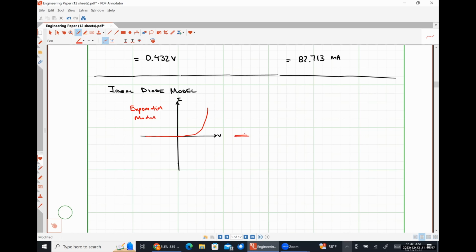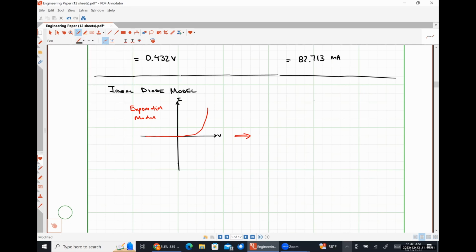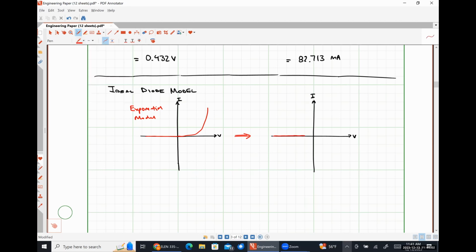And then the ideal diode approximation is as follows. So here's current, here's voltage. That's our ideal diode model.